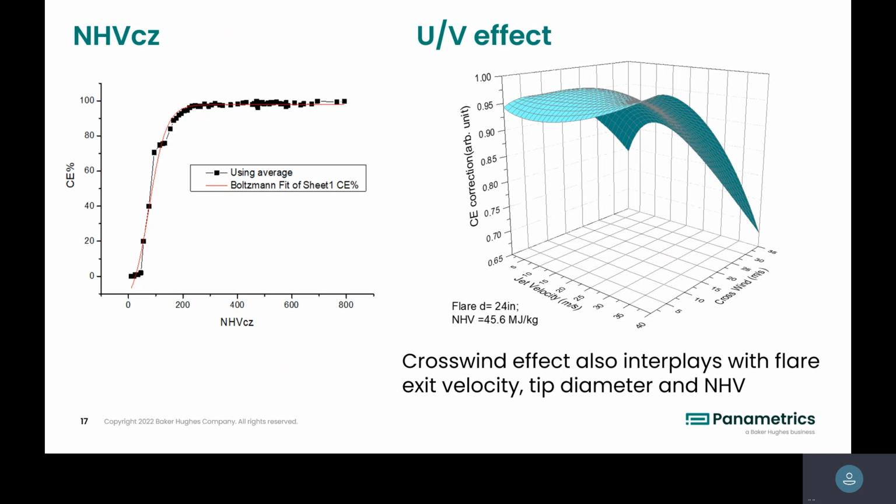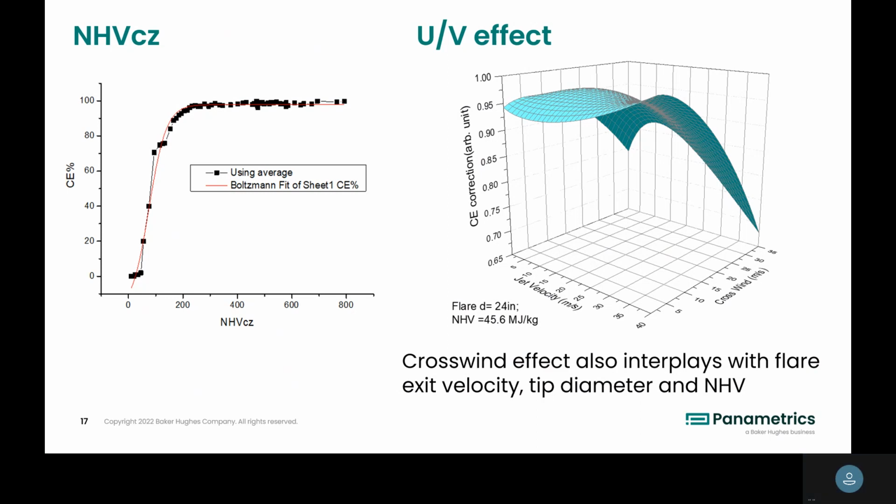If you plot just one case, say this UV effect for a 24-inch diameter pipe and heating value of 45.6 megajoule, roughly 1,000-something BTU per scf, you get a very complicated sort of correction of those UV effects, and that's what we are dealing with. You get a complicated parametric model which takes care of all those inputs.